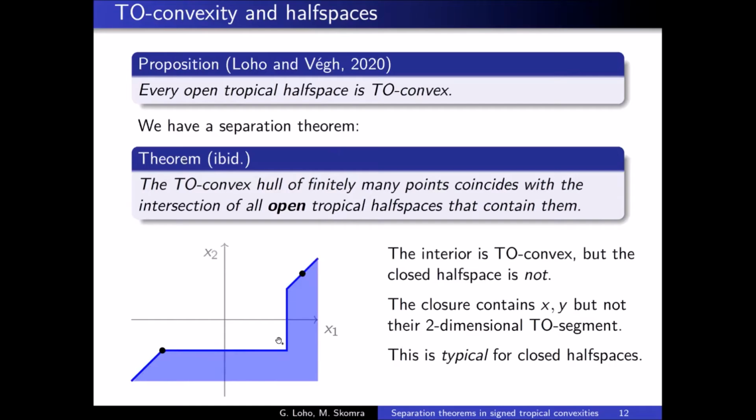But if you look at the closure, then the closure contains our two problematic points, right? However, this closure does not contain the two-dimensional rectangle between those 2 points. So this closed half space is not TO-convex. And it turns out that this is a typical behavior for closed half spaces. Usually closed half spaces are not TO-convex, so they don't really fall into this framework.